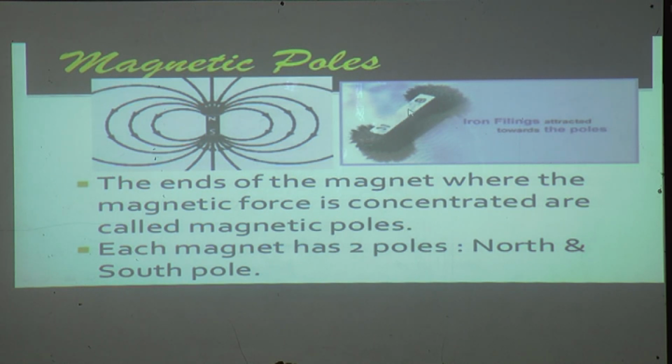That is why it is called concentrated. Concentrated means the iron filings are attracted mostly to the north pole and south pole. So the amount of iron filings you can see at both ends is more than at the center. This is why it is called concentrated. So magnetic force is concentrated at the magnetic poles.